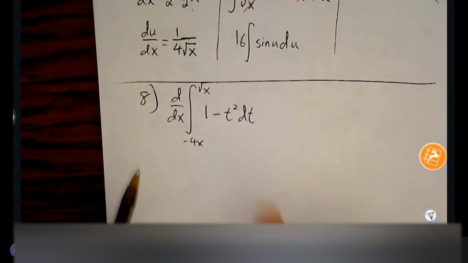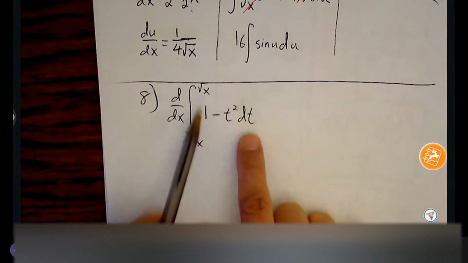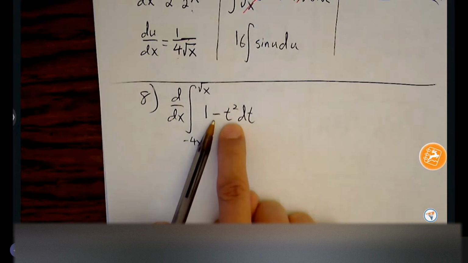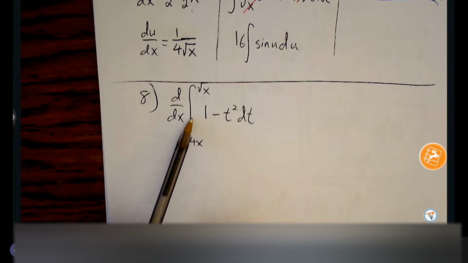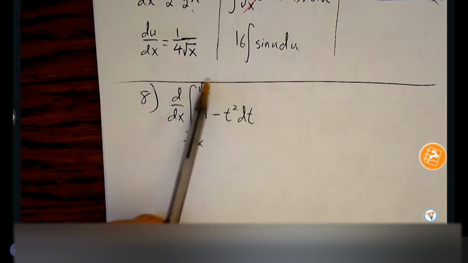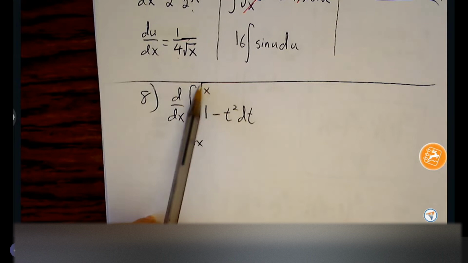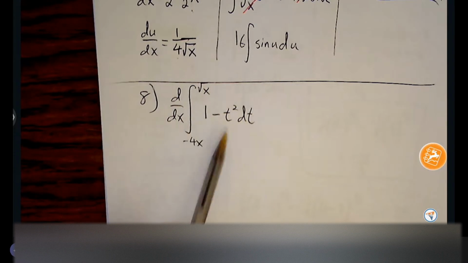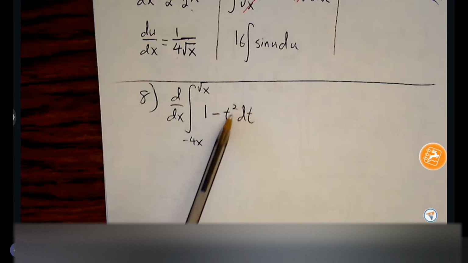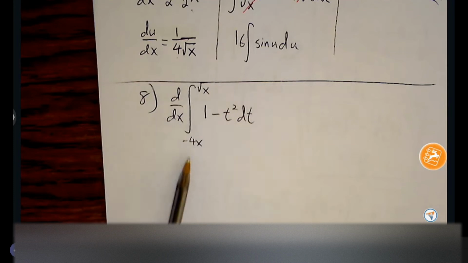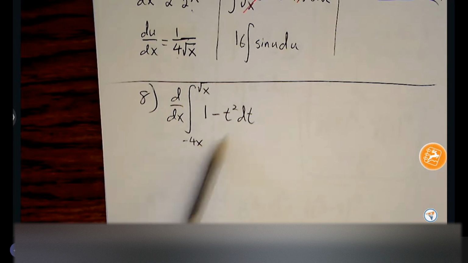This looks complicated, but this 1 minus t squared is not going to change a whole lot because we're doing 2 operations that are going to cancel each other out. The only thing we got to keep track of is the upper bound and a little bit of the derivative. So we plug the upper bound in for the t's, multiply by the upper bound's derivative, and because the lower bound is also a variable, we need to repeat that process below.